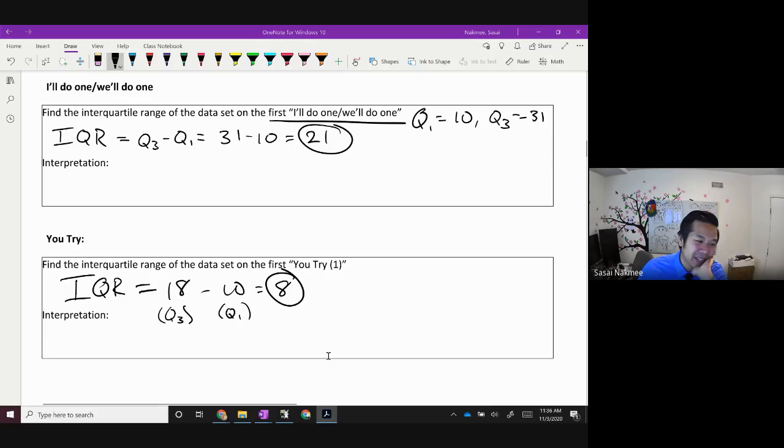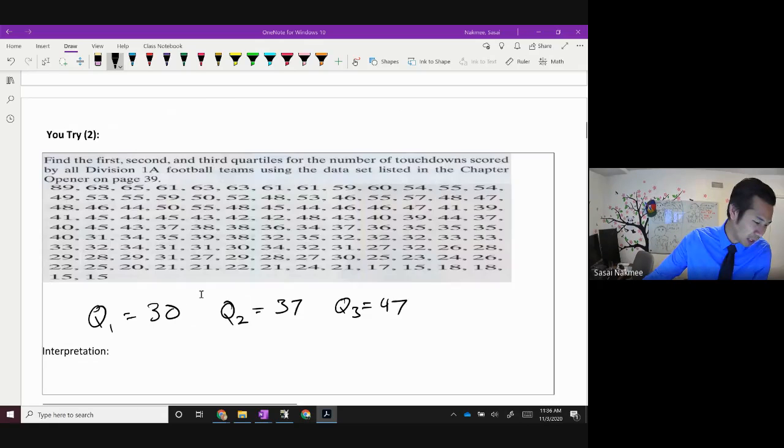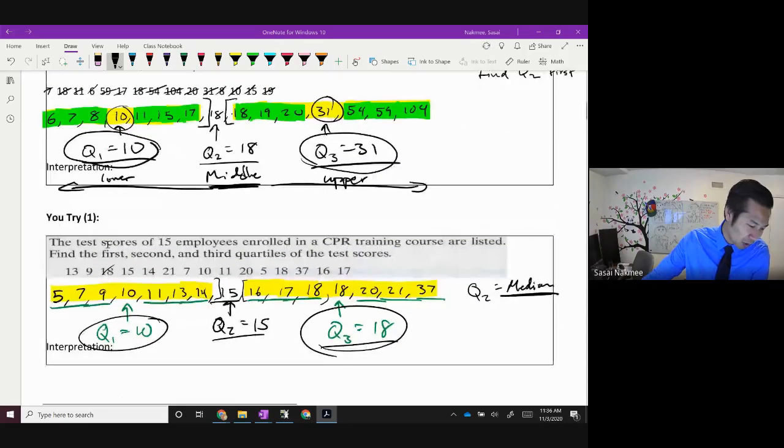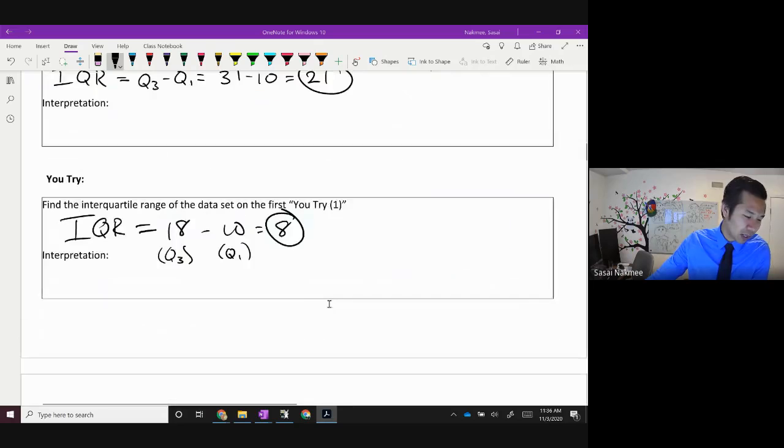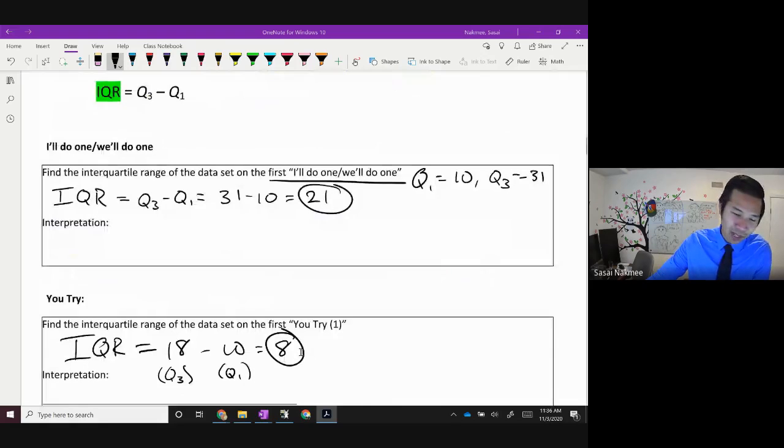This was for the first You-try. If you look closely, what was the data we were looking at? They were the test scores of 15 employees enrolled in a CPR training course. So they're just test scores. This one is a test score of 5, this guy got a test score of 37. If you're looking at the IQR, what this number 8 is telling me is that the range of the middle portion of your data varies by about 8.